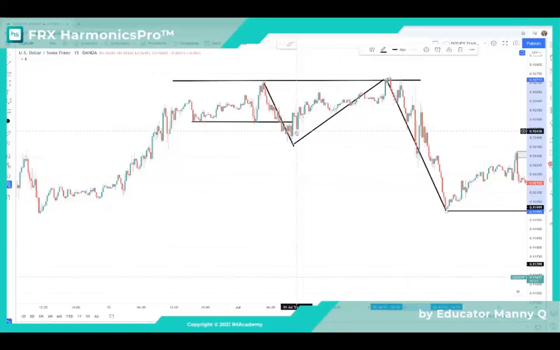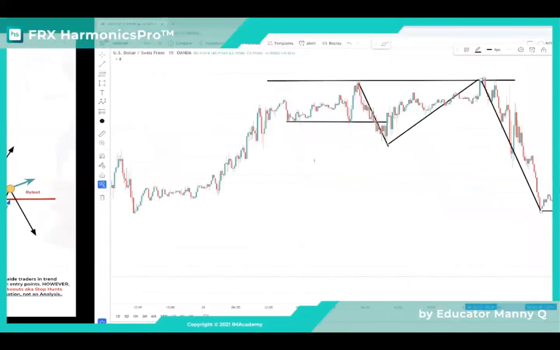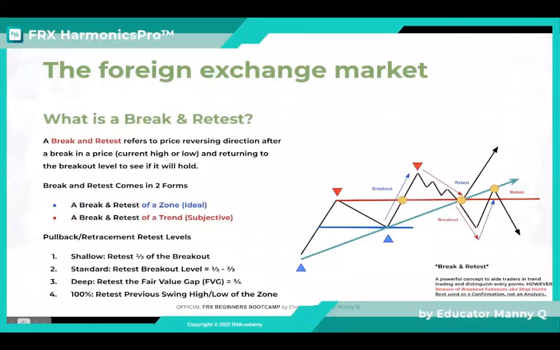And again, as you develop your price action concepts and begin to trade the market, your strategy can very well depend on one of these 4 types of pullbacks inside of the market.